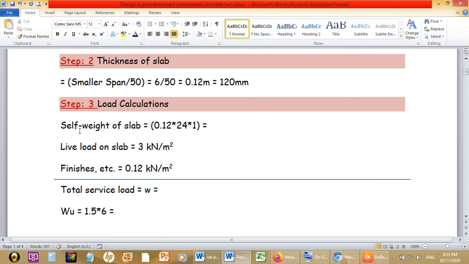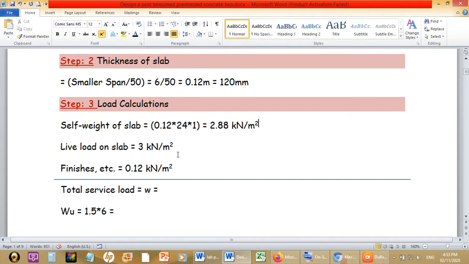First of all, let's calculate the self weight of the slab. Self weight is nothing but the thickness of the slab times density for the unit area. So 0.12 into 24 into 1 gives us 2.88 kilonewton per meter square as the self weight.